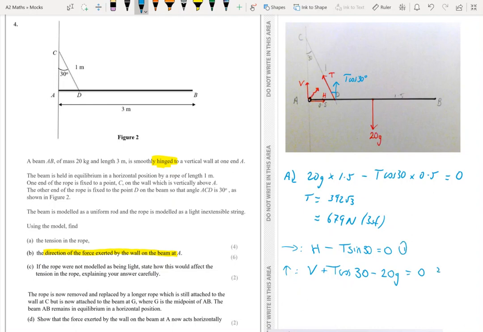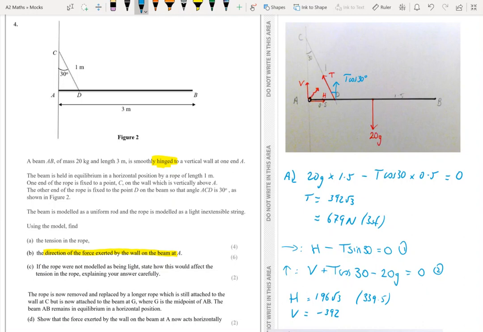So we've got 2 equations, and we already know the value of T from part A, so we can substitute all of that in, and it turns out that H, the horizontal component, has an exact value again if you want it, 196 root 3, but as a rounded value that's 339.5, and V from my equation actually turns out to be negative. I get negative 392. So that means I've just drawn V in the wrong direction in my diagram. I've drawn it vertically upwards.